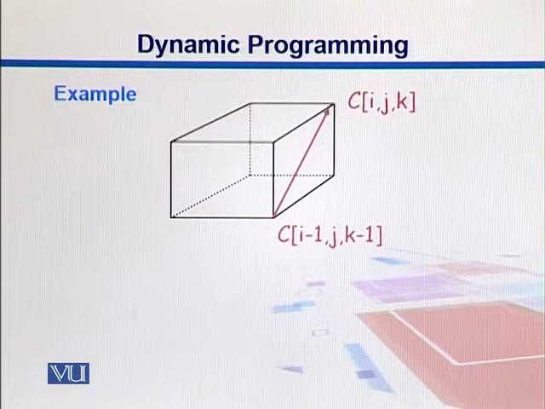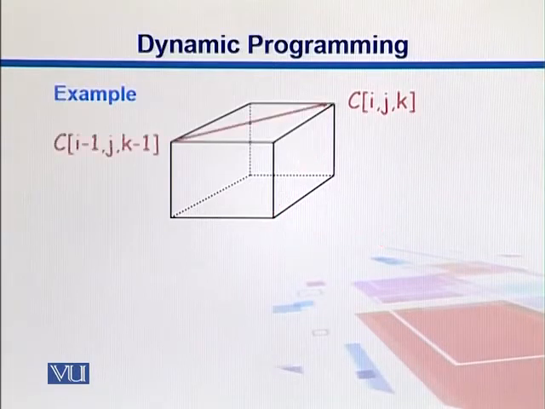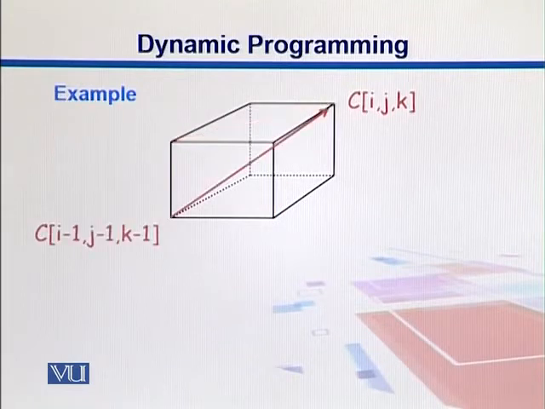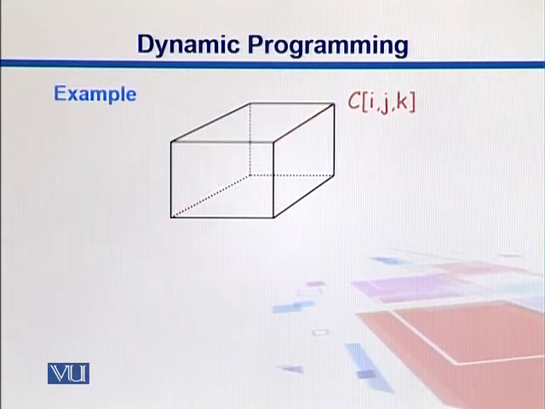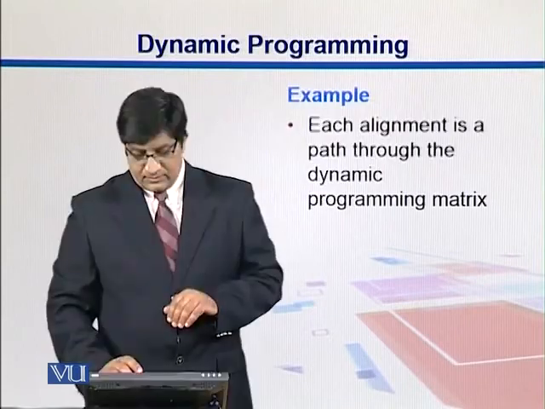In that case we are coming from C(i-1, j, k-1): j stays the same as we are in the same plane, and k minus 1. Either we can come here in a situation like this, or it can be something like this. So in our algorithm, we need to make functions for all of them, and we need to keep track of all of these moves. Bit complicated? Yes, of course.